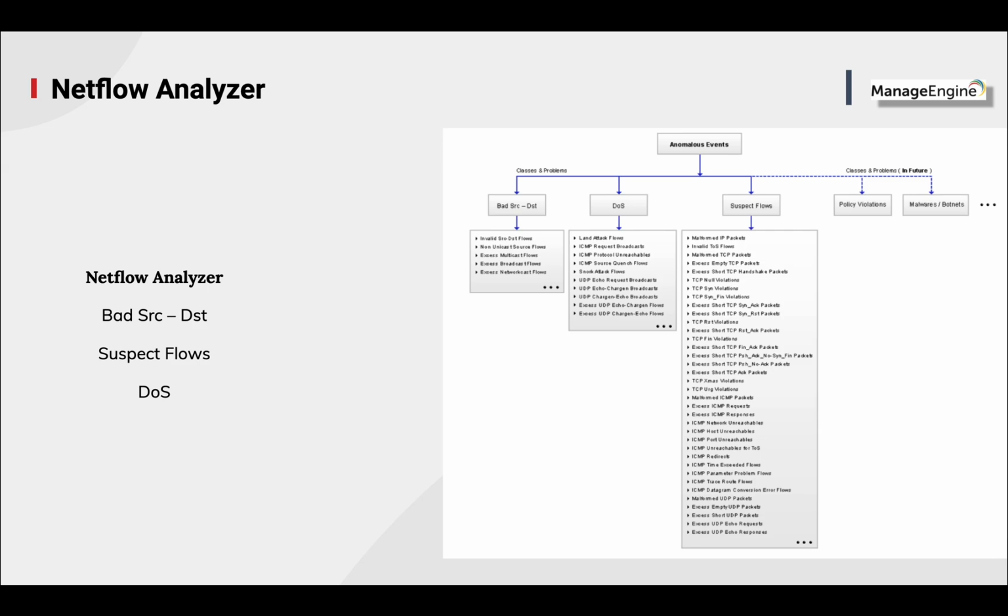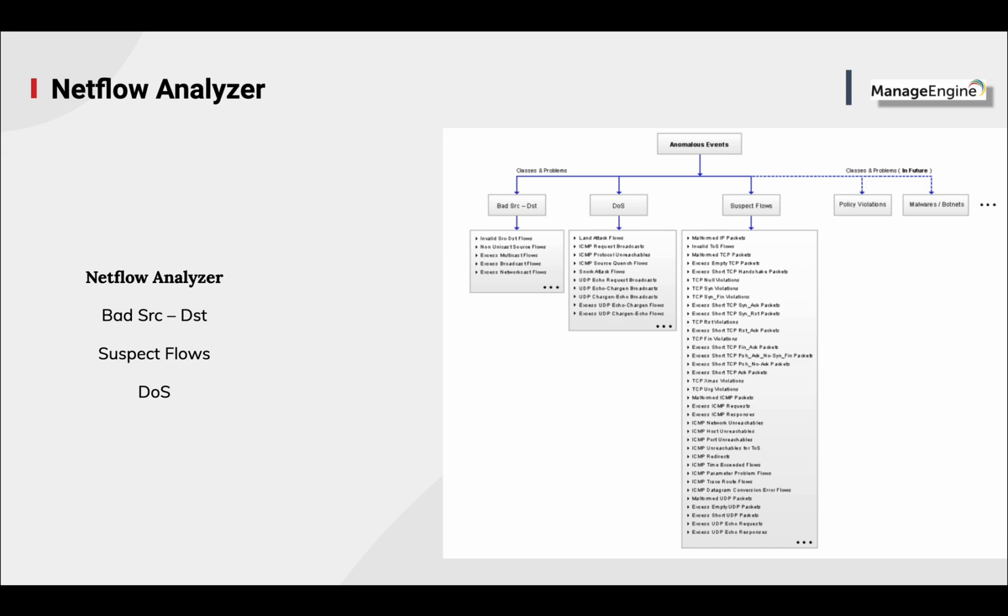Suspect flows, like TCP flows without any payload. Now that is a flow that you'll have to inspect. TCP flows with bytes per packet less than 40 octets, which is without a payload, have to be identified and eliminated from your infrastructure.